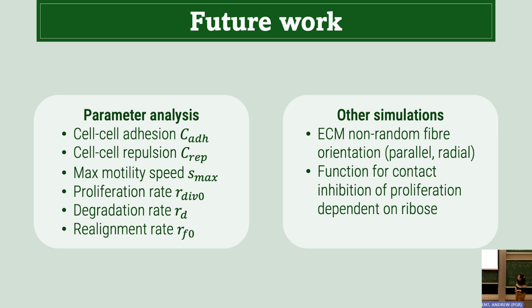And then the other thing that I would like to do is changing the functions that I already have just slightly. For example, one thing that I want to change is the contact inhibition of proliferation function and making it dependent on rho as well. And that's because other experiments also show that the stiffness of the ECM enhances proliferation. So for stiffer ECM, we would have more proliferation.